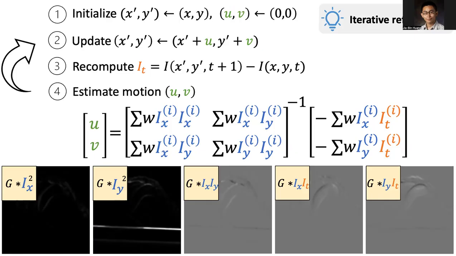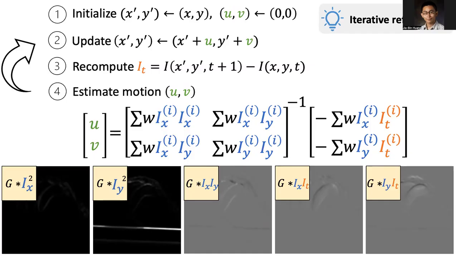Step 1 is just initialization, because initially I have no knowledge about what the motion is. So I just assume that U and V is 0, 0, and then I can kick off the iterative estimation process. Does this make sense? I don't know the motion, how many pixels it is, but my algorithm only works for small motion.